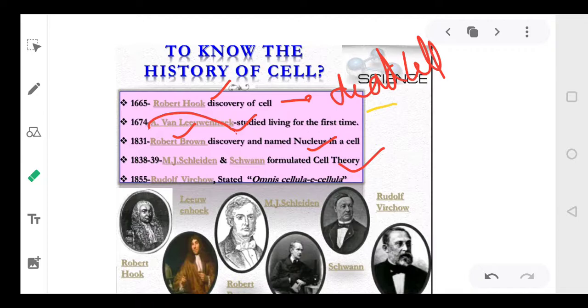Then comes Rudolf Virchow. He stated that all cells exist or are formed from pre-existing cells. The name of the scientist is Rudolf Virchow.